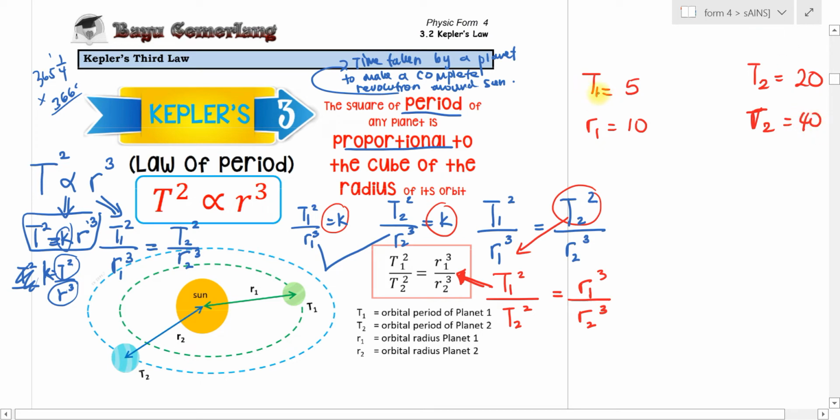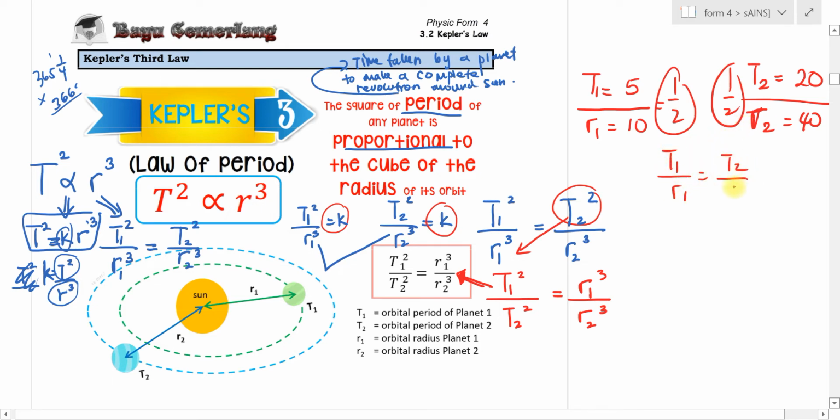If T1 divide R1, I get 1 over 2, and 20 over 40 is also 1 over 2. Both are getting the same constant, right? So T1 over R1 equals T2 over R2. We can say that.